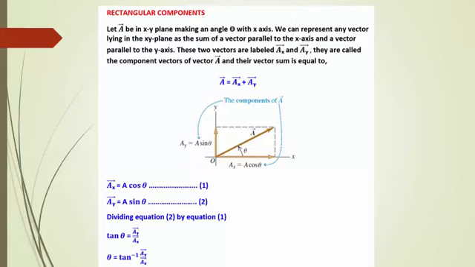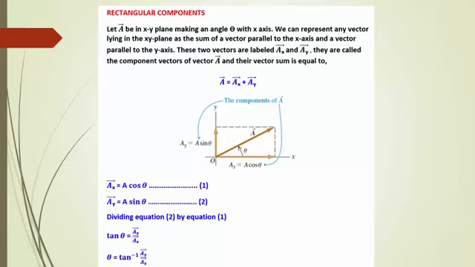Rectangular components. Let A be in the xy plane making an angle theta with x-axis. We can represent any vector lying in the xy plane as a sum of a vector parallel to the x-axis and a vector parallel to the y-axis. These two vectors are labeled ax and ay.